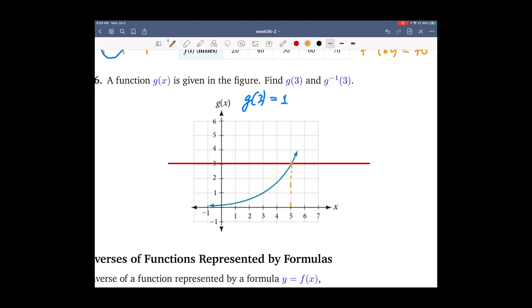We see that that line intersects with the graph at the point 5, 3, and so g inverse of 3 equals 5. Since g at 5 equals 3.